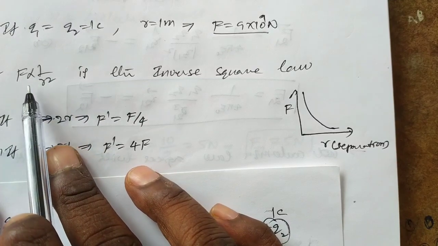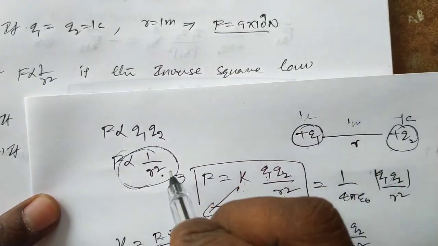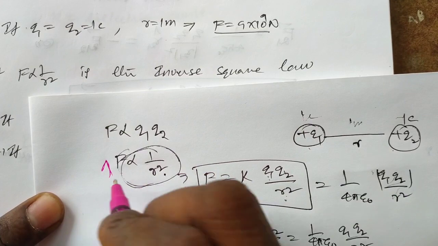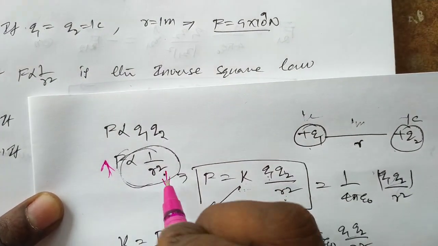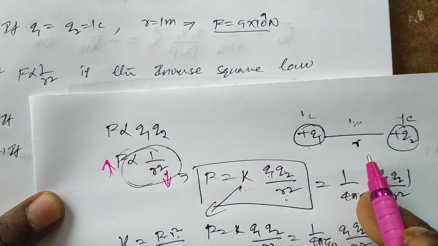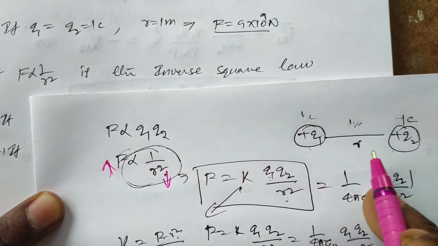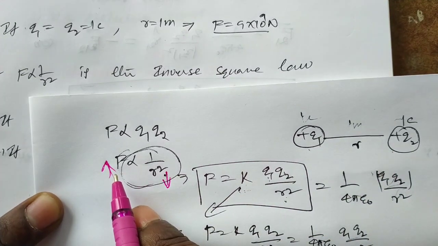As the distance between the two charges decreases, the force increases. With a small distance between the two charges, we get the maximum force.